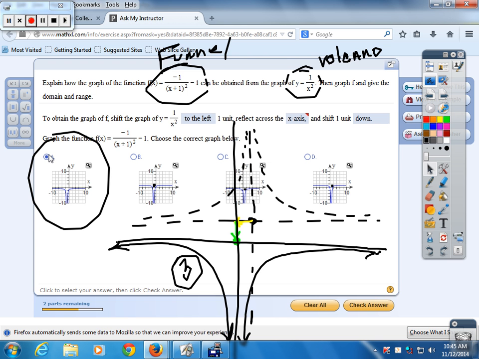That was the range. The range should be negative infinity to negative 1. Oh, I'm sorry, I was looking at both of them. Negative infinity to negative 1. Boom, that's it.